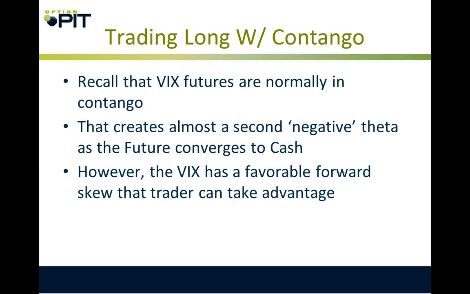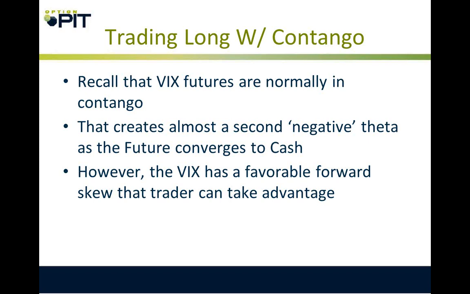Part of the reason VXX and UVXY have sullied names is because Contango naturally causes them to lose value, just like a VIX future in a Contango environment naturally loses money every day. So there's a theta to owning options in a contangoed environment.